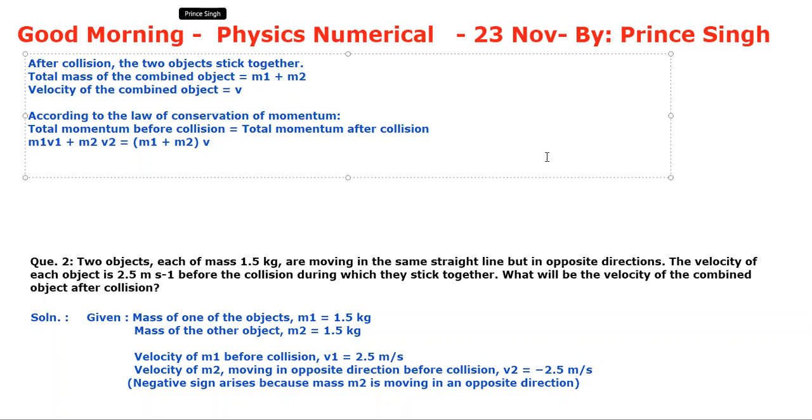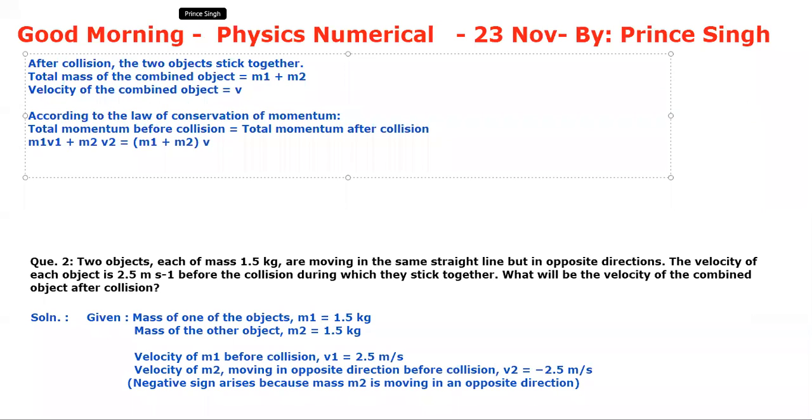So Harith has got the answer, but the answer is wrong. We have to find the final velocity after collision, the velocity of the combined object after collision. Anyone else? Harith has given another answer that is also wrong.